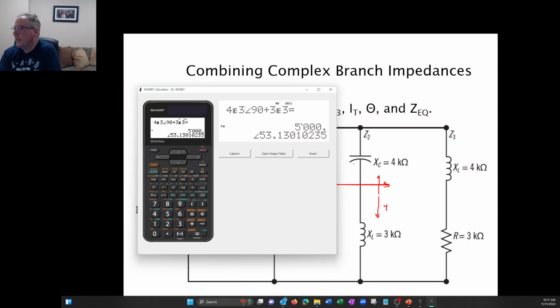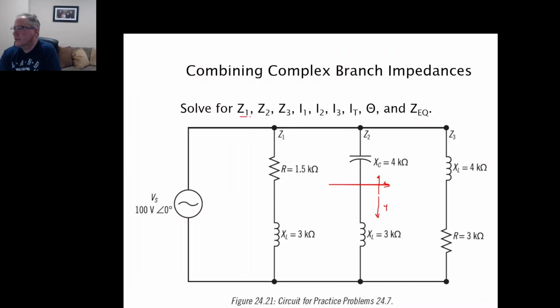All right, and then we're asked, so there's Z1, Z2, and Z3. I1 is just going to equal Vs divided by Z1. I2 will be Vs divided by Z2, and I3 will be Vs divided by Z3. Then the total current is just the sum of I1 plus I2 plus I3.